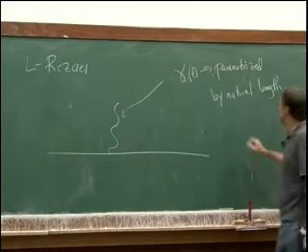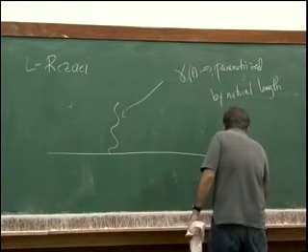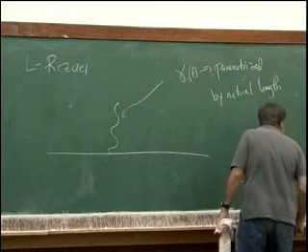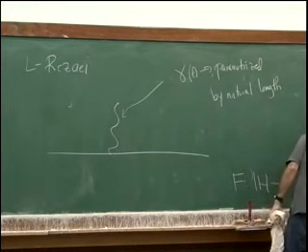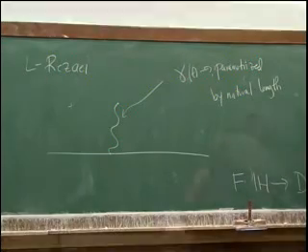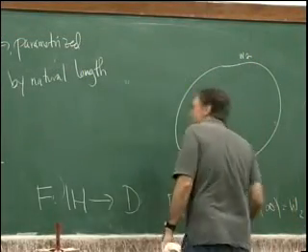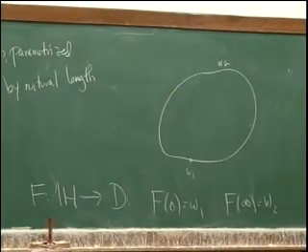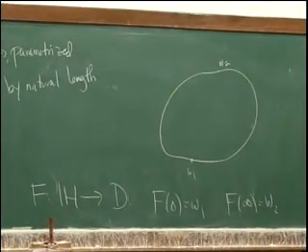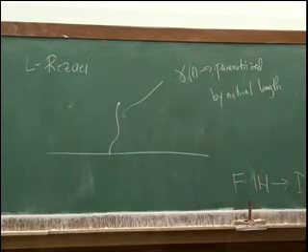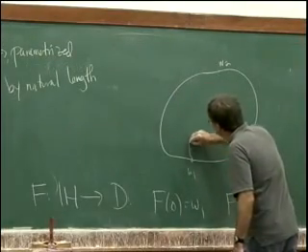So suppose I have a map, let's say capital F, from the upper half plane into a domain D. F of 0 equals W1, F of infinity equals W2. Maybe I should use some colors here. So there's my curve. So it maps here.